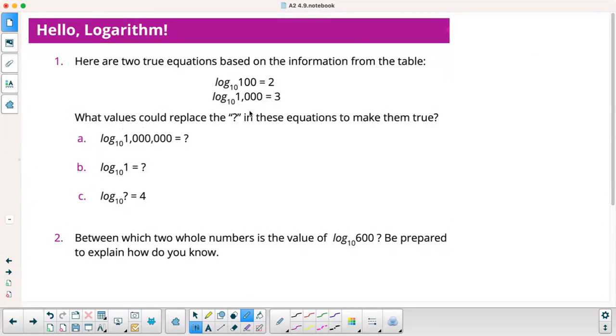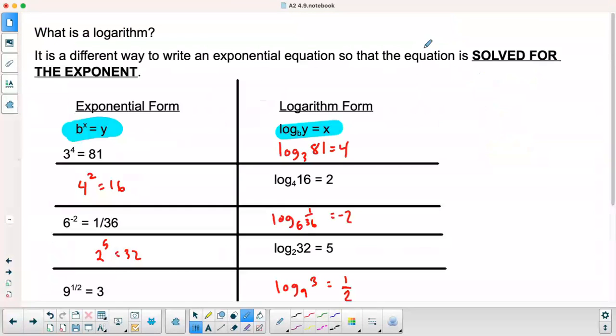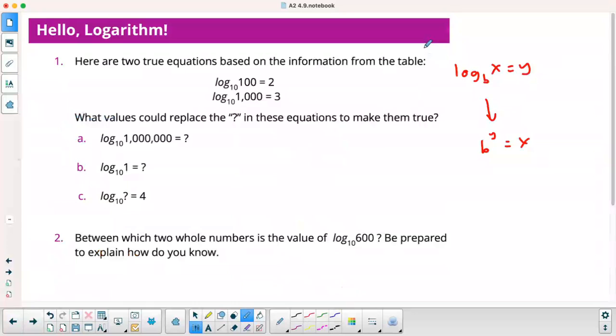So here's two equations based on the information from the table. What values could replace the question mark in these equations to make these true? So we just learned log base b of x equals y. That's log form is going to be b to the y equals x. I wrote the letters backward.